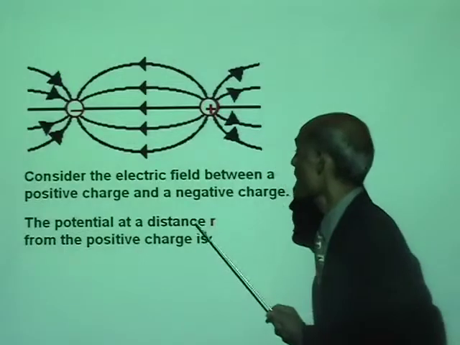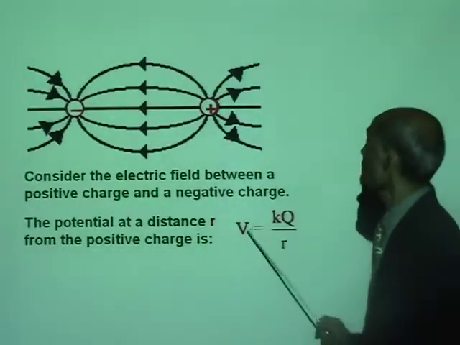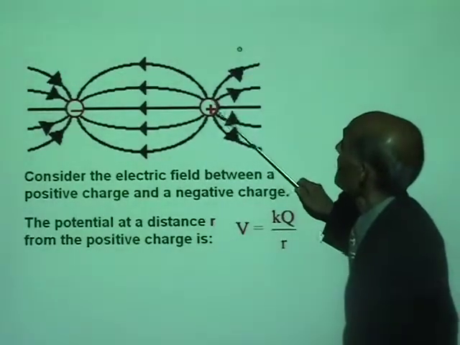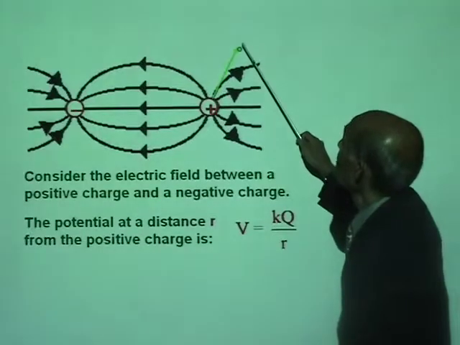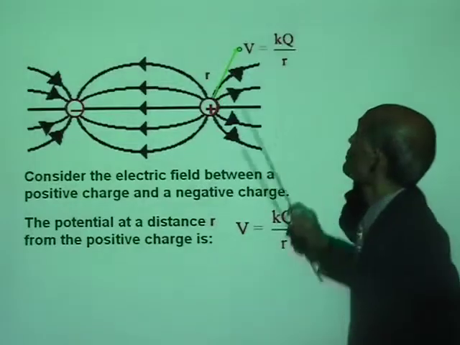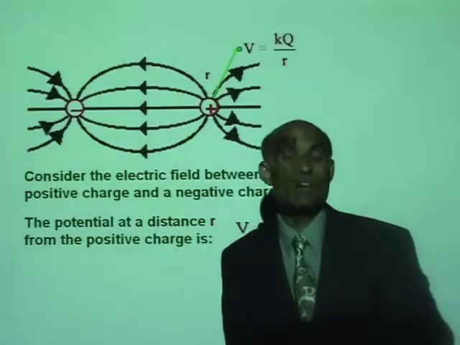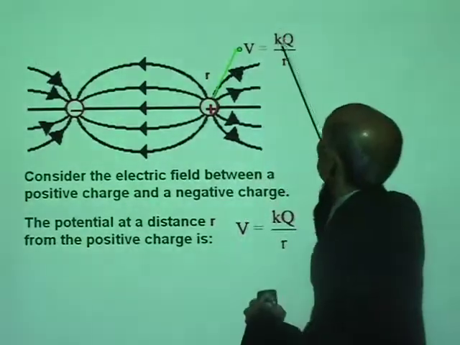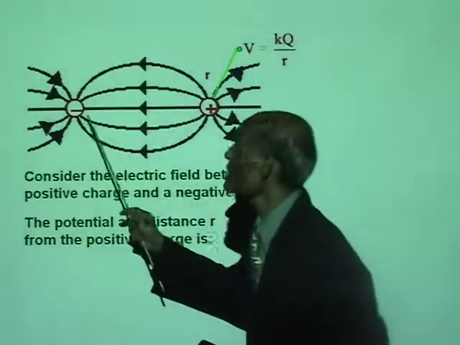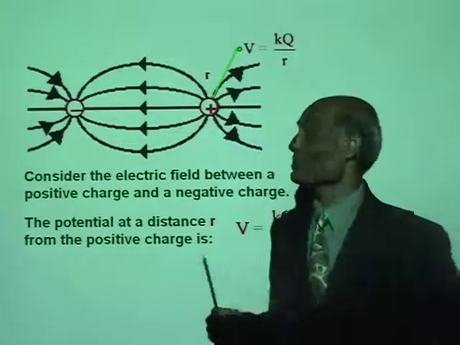The potential at a distance R from the positive charge is V equal to KQ over R. So if you have the positive charge, we would say the potential at a distance r from it is kq divided by r. Now, the potential near a positive charge is a positive potential. In the same way, the potential near a negative charge is a negative potential.